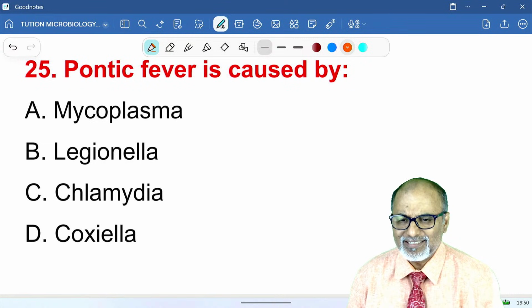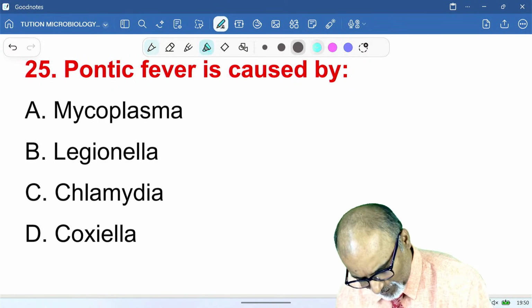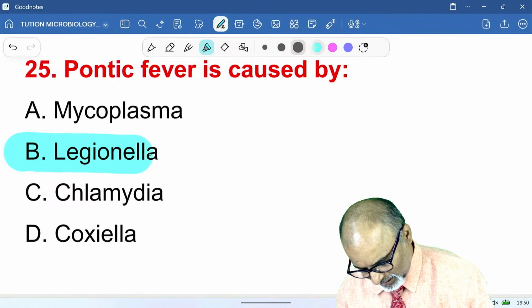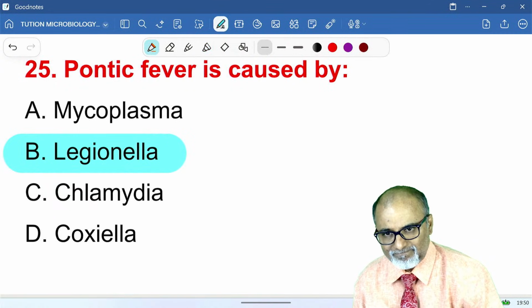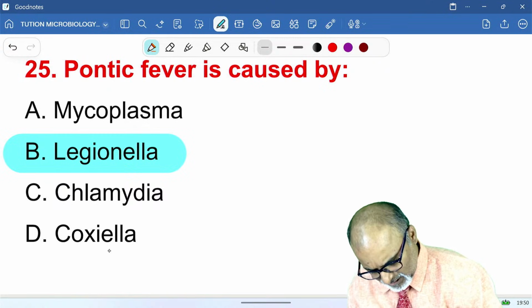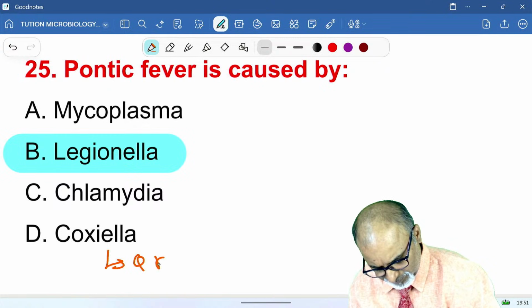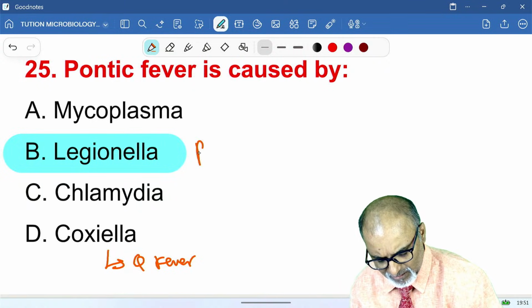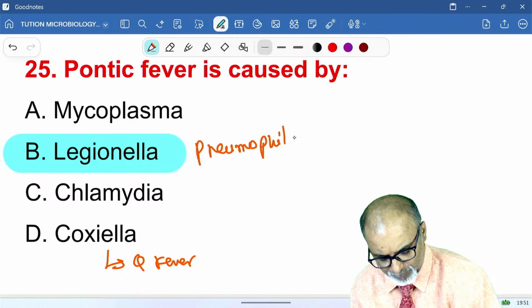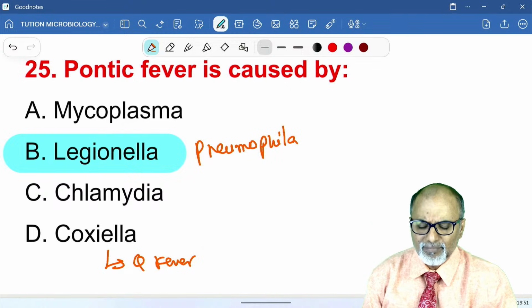Pontiac fever is a mild form, with flu-like symptoms. Coxiella produces Q fever.